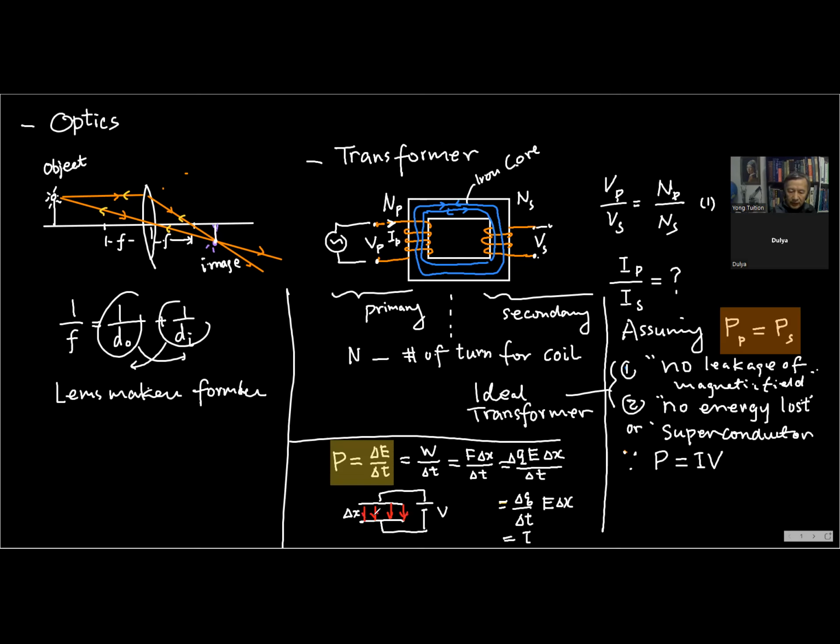So this red color represents the electrical field E, all right? There is a simple relation that the electrical field is simply equal to the voltage divided by delta X. Can you see that? So therefore, this term is voltage. Got it? So that is how we derive the formula for power in electricity.